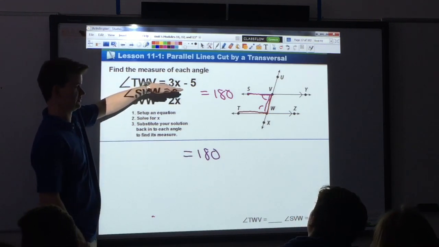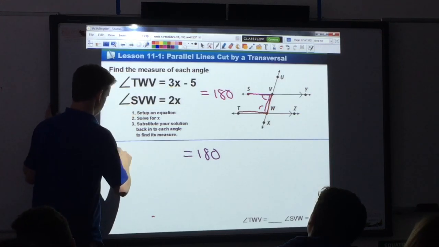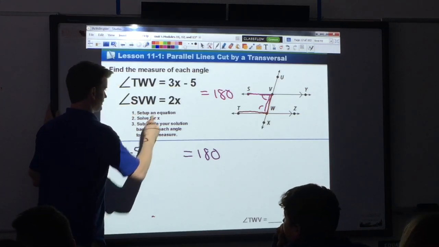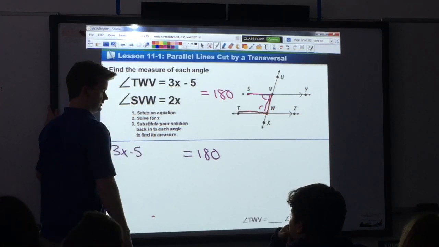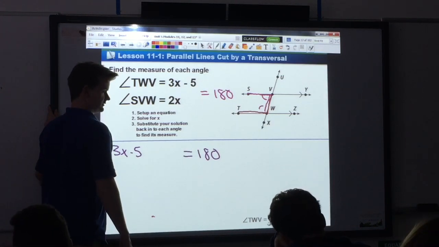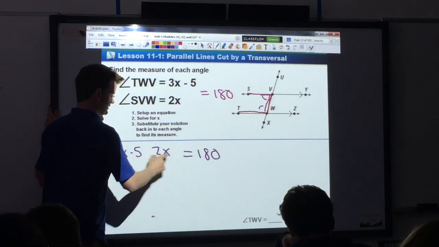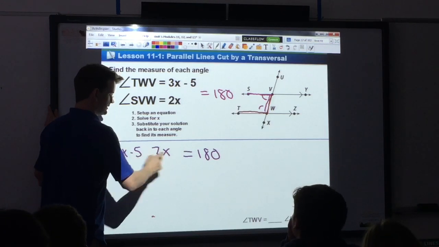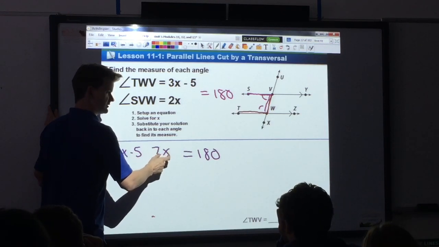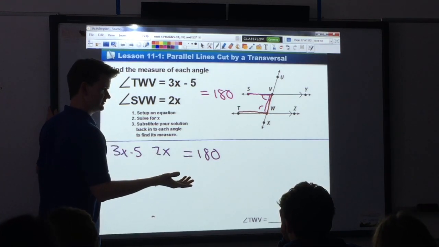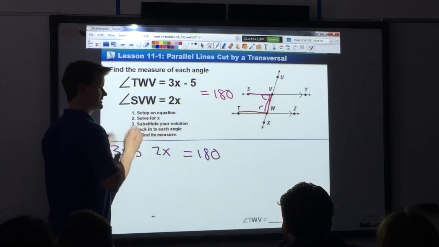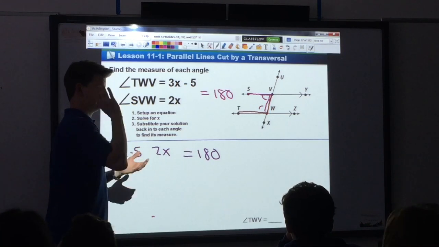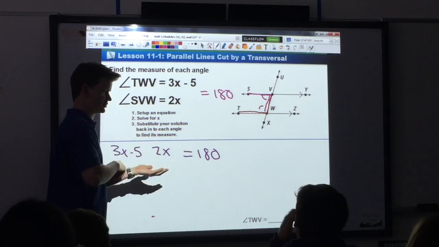What's the first expression? 3x minus 5. What's the second expression? Is that a positive or negative 2x? So what symbol should separate these two terms? It's a positive 2x. What symbol indicates positive? Multiplication, division, subtraction, addition?